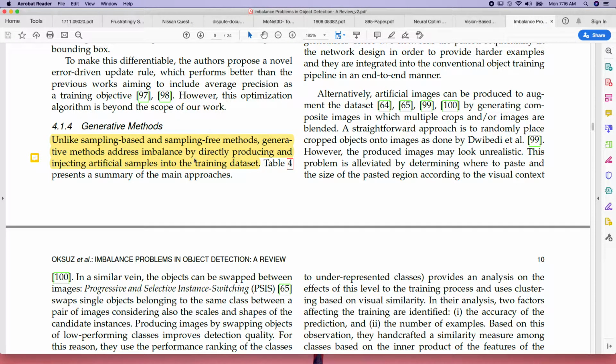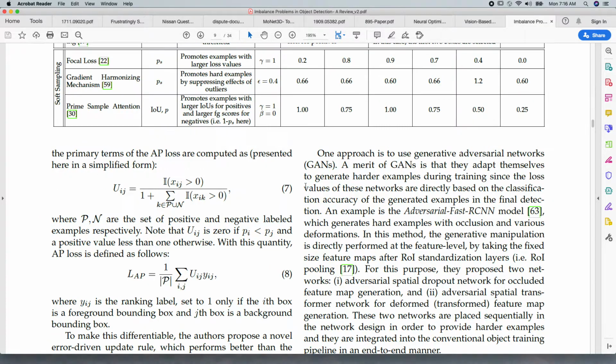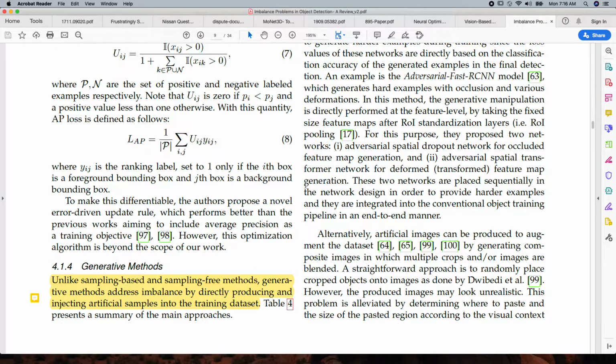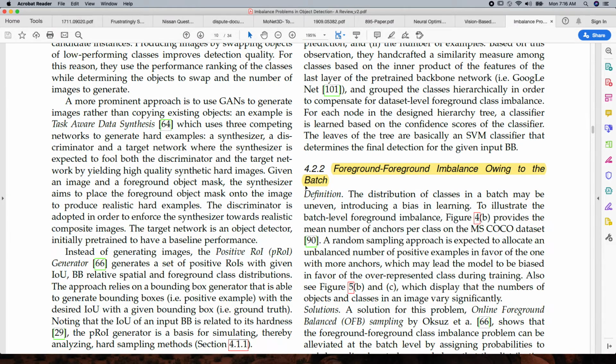This works by synthesizing artificial samples and adding them into the training data set. Essentially, you synthesize a minority class so that you can augment it. We can also go into details for that later.